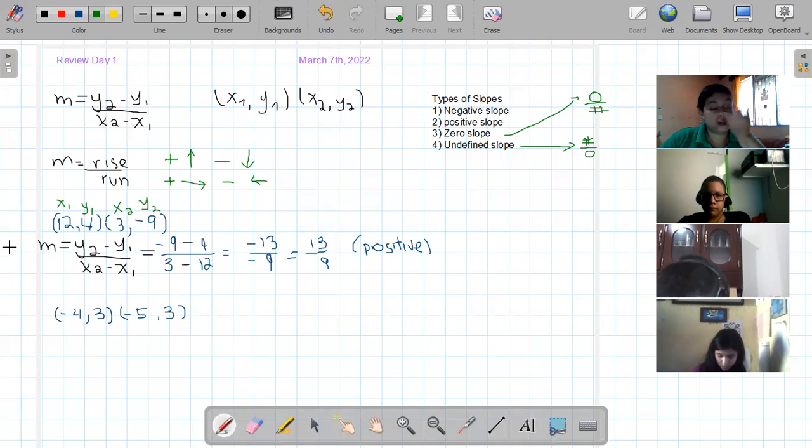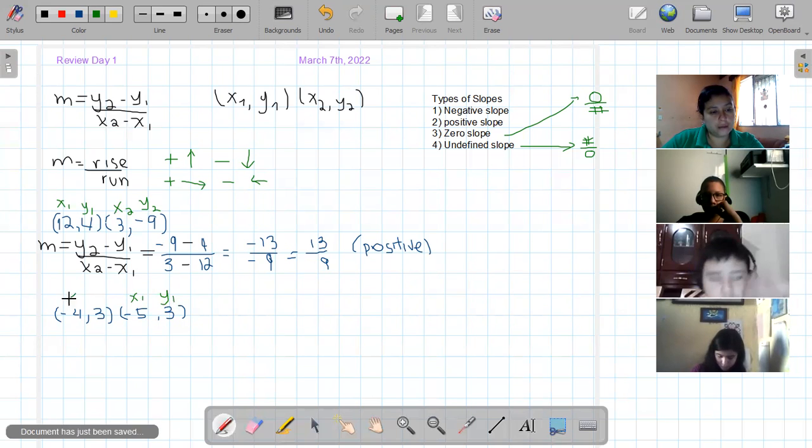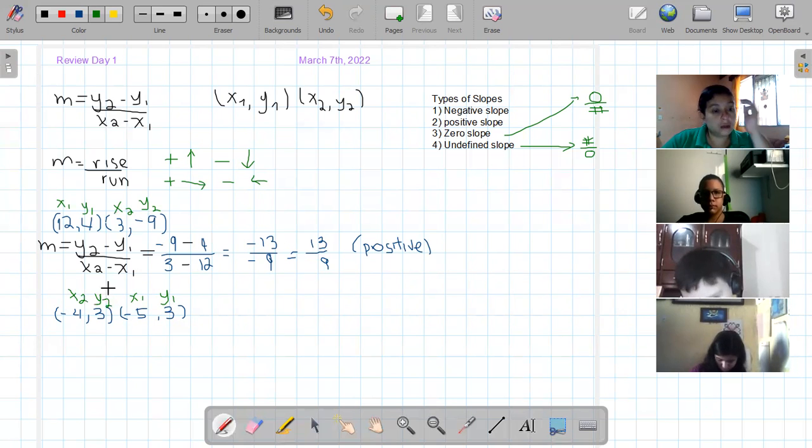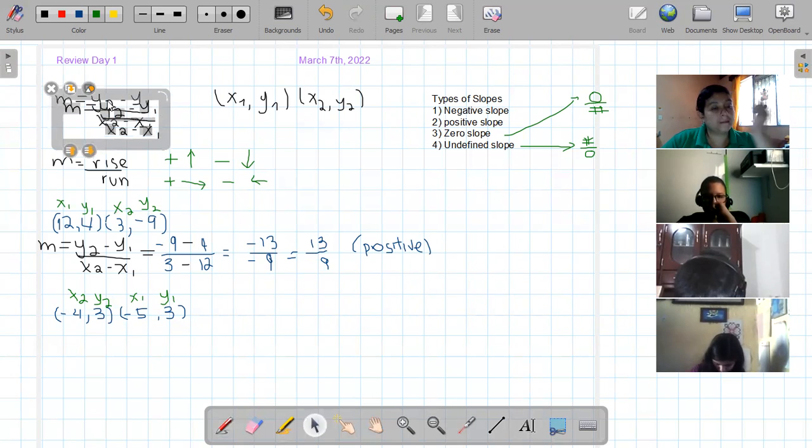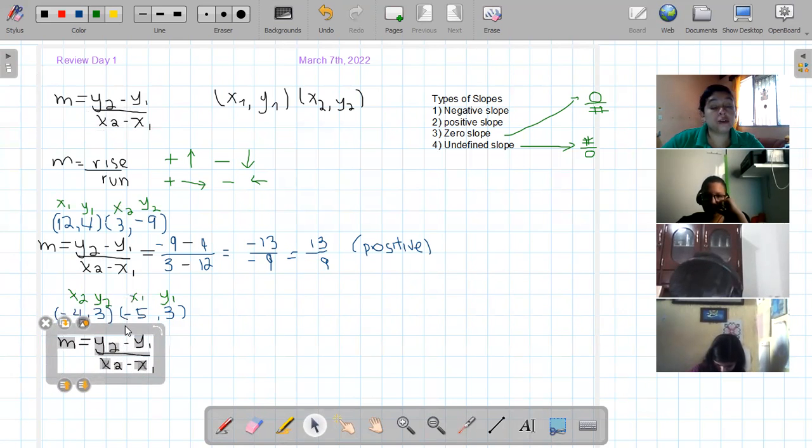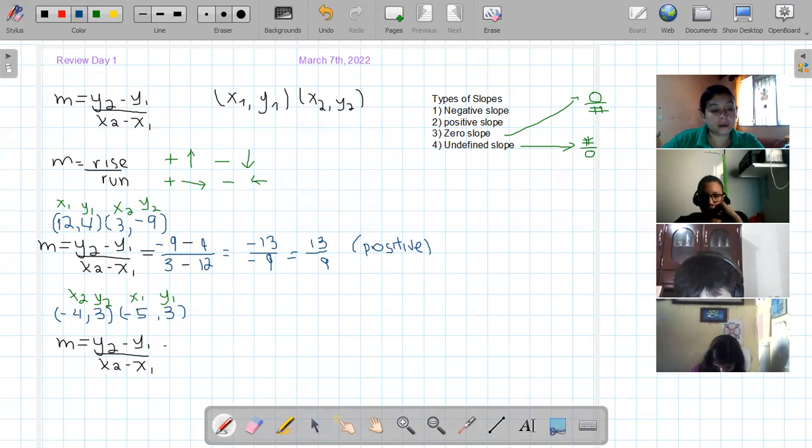Just because I used the first point before, to show you that it doesn't matter, I'm going to use this one as x1, y1. I usually do it this way, okay? And this is going to be x2, y2. We're still going to use the same formula, because there are two given points and we are asked to find the slope, and we're going to simplify, okay?